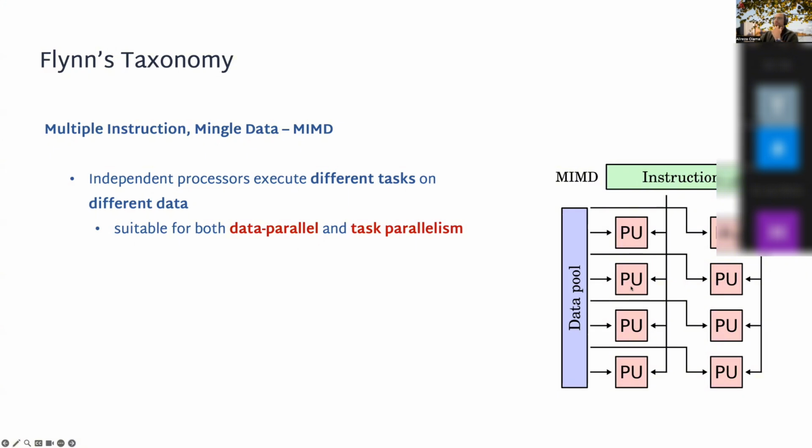So how can we use this architecture for data parallel algorithms? Any ideas?